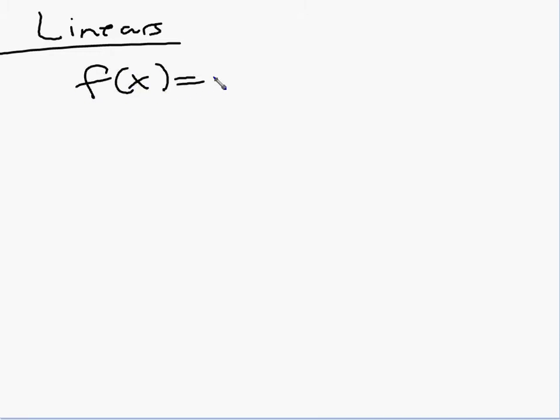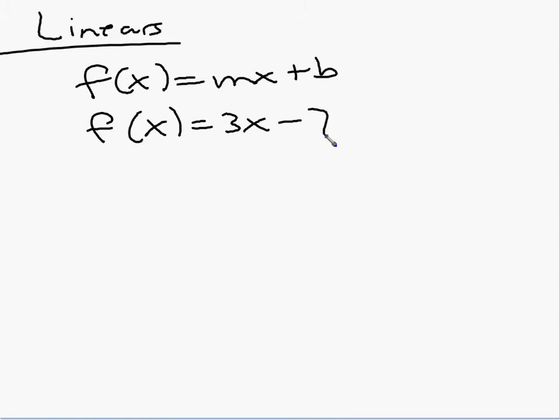Then we also learned about linears. A linear function like mx plus b. What would the derivative of that be? If f of x equals 3x minus 7, what would the derivative be? 3, right? Because the slope of that tangent line would lay right on top of the linear function. So guess what our rule is?